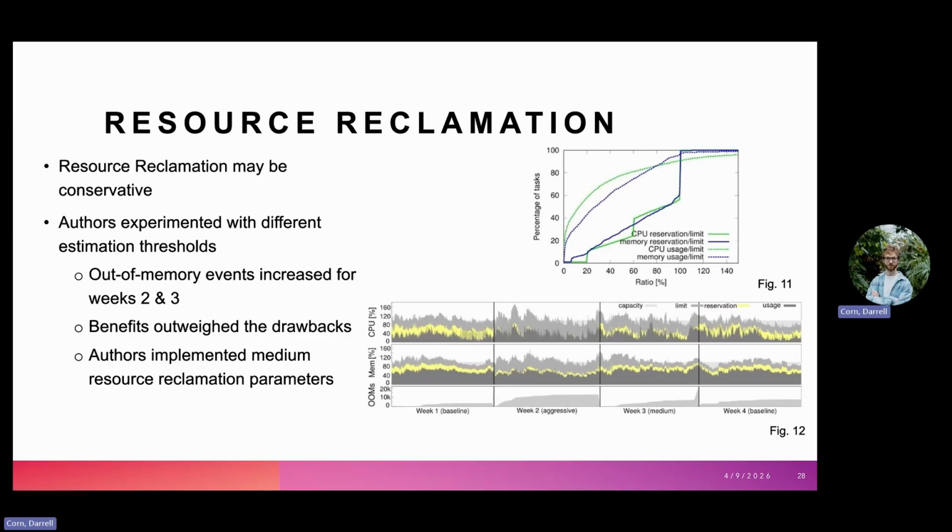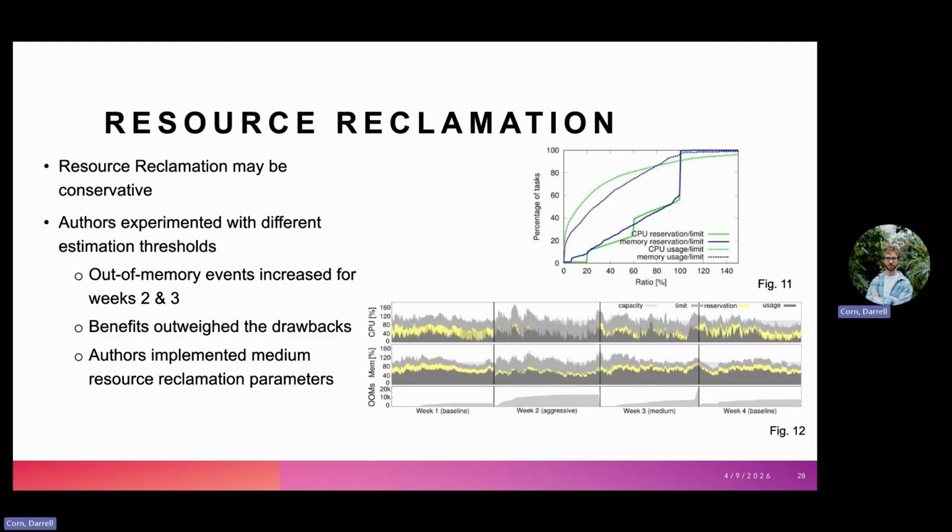And the final part of the performance evaluation covers how efficient and safe the resource reclamation is within Borg. Similar to figure 10, figure 11 is showing that users typically request more resources than they're going to use. The x-axis here is the ratio relative to the task's requested limit.